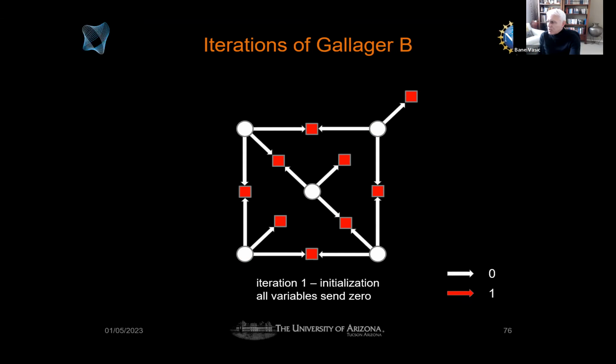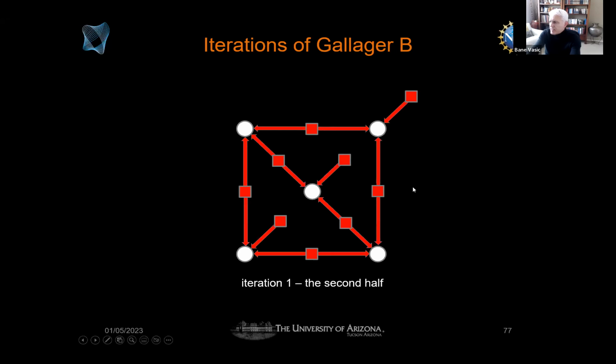And these values are sent to check nodes. So now remember the rule of the check node that it will do XOR of all incoming messages. But in our case, there is just one incoming message. So it will be XORed with this red value. So 1 will be sent. So all check nodes actually send value 1 to all variable nodes.